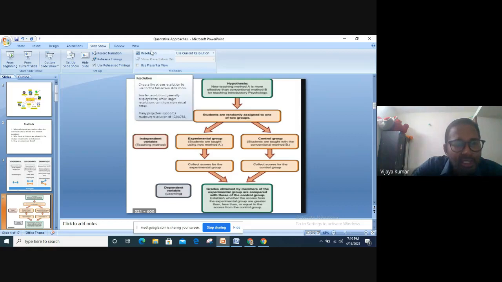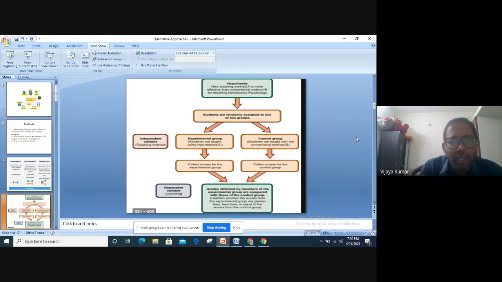Then he has to measure the efficacy of his new method. Then he will frame his own modules. Those things are different. We are discussing only the methodology. So he has two groups.